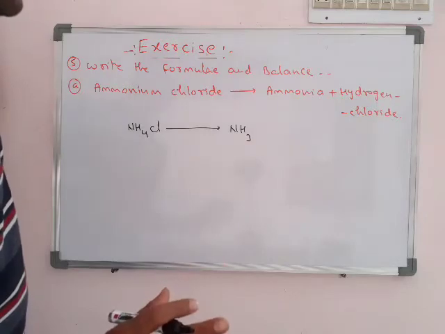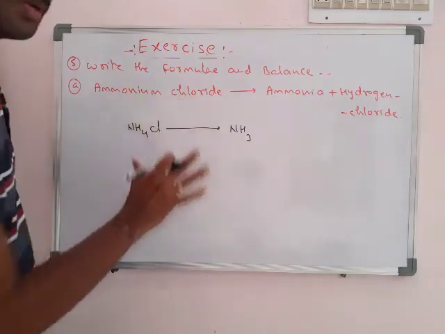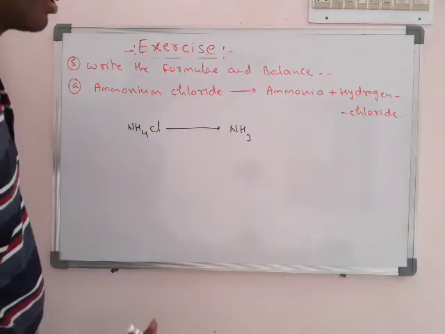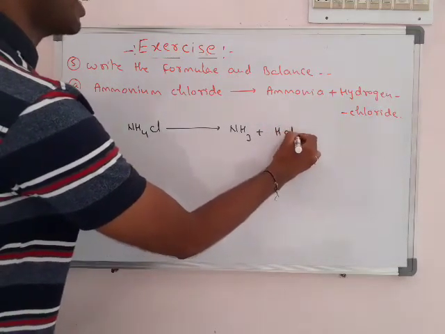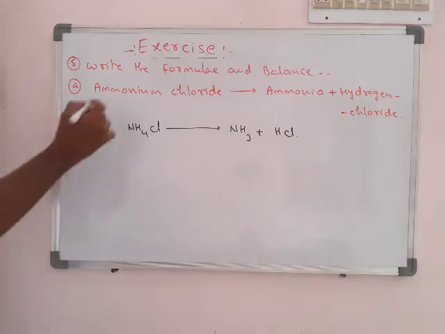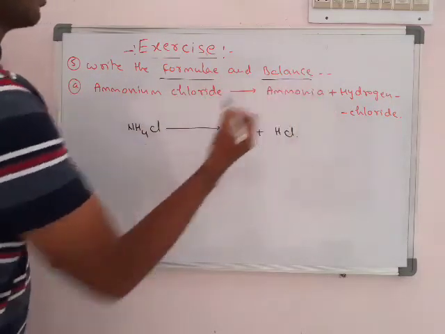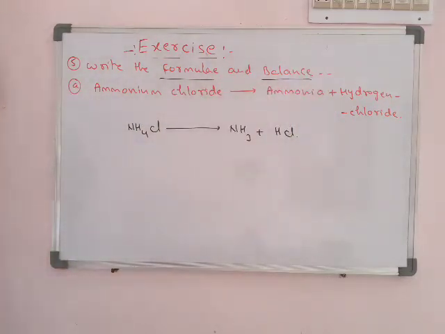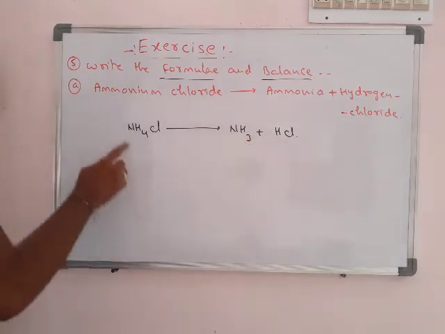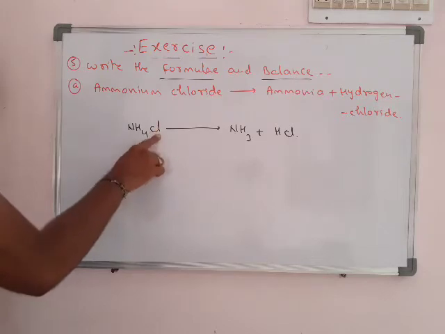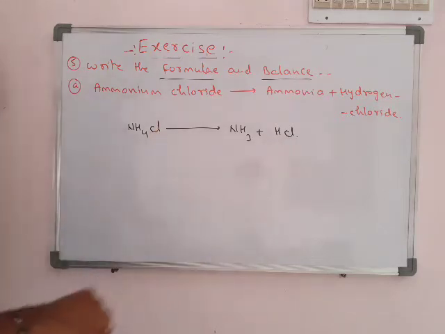To do this type of questions you must know the trivial names, common names of the compounds also. Hydrogen chloride means HCl. So write the formula and balance the equation. I think already it is balanced. 4 hydrogens, 3 plus 1, 4 hydrogens, 1 nitrogen, 1 nitrogen, 1 chlorine, 1 chlorine. So it is balanced. So see the second one.